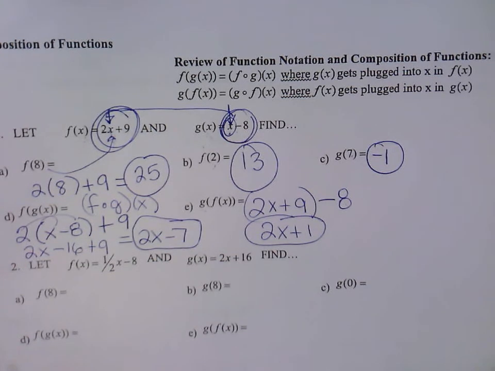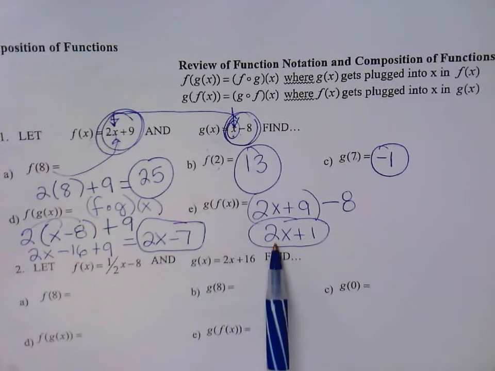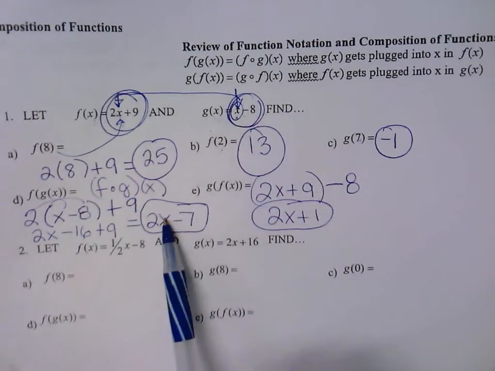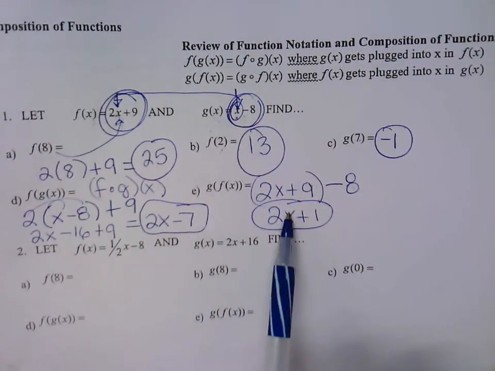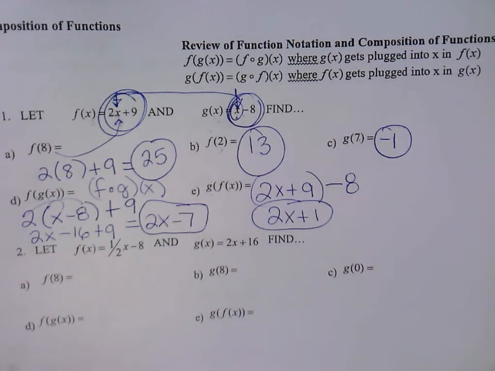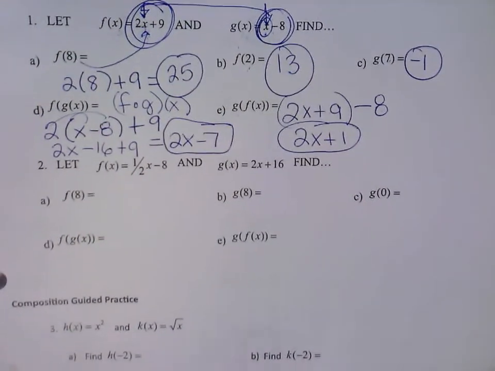Okay, so that's composition. You ended up with 2 different equations, so doing it in one order doesn't always get you the same answer as doing it in the reverse order. But we're going to see something interesting happen with inverse functions.